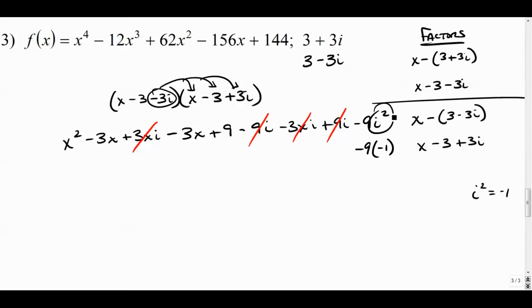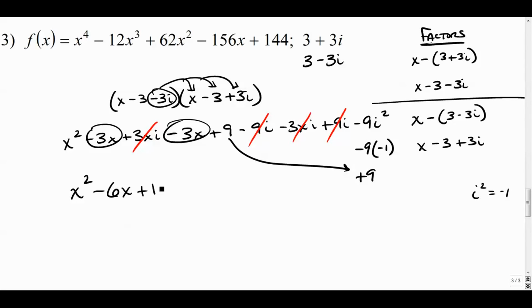So we make that simple substitution there. So that actually turns into a plus 9. So I have x squared, negative 3x minus 3x is minus 6x, and I have plus 9 plus 9 is 18. So there we go. That's what we get when we multiply this factor and this factor together.